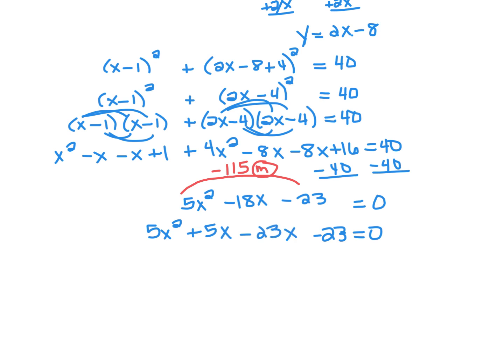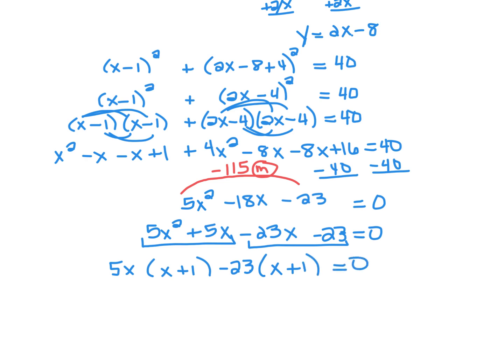All right, so let's get into grouping. So I'm going to group together the first two terms, and we can pull out a 5x, which leaves us with x plus 1. And out of the next two terms, we could pull out a negative 23, which leaves us with positive x and positive 1. Okay, so we're going to take what's in front of the common parenthesis and group that as our first factor.